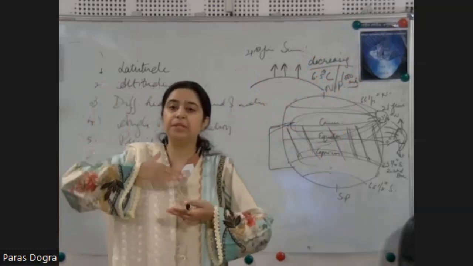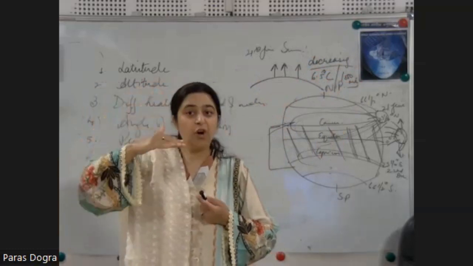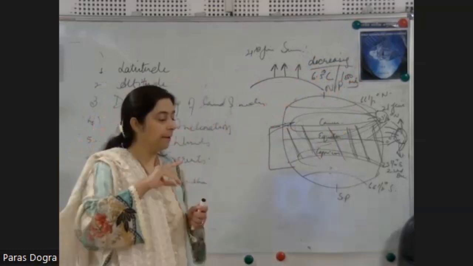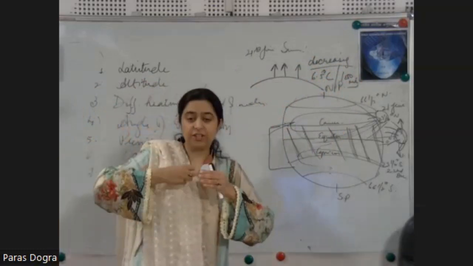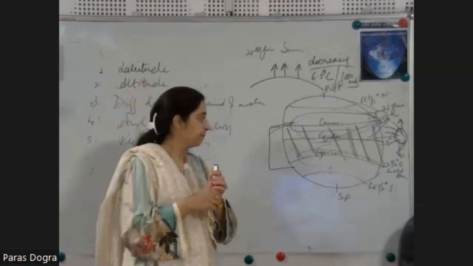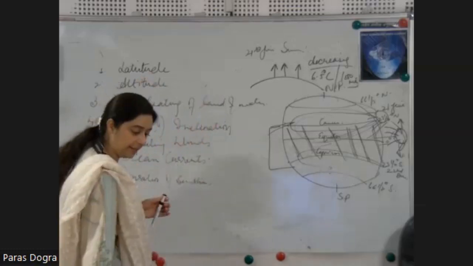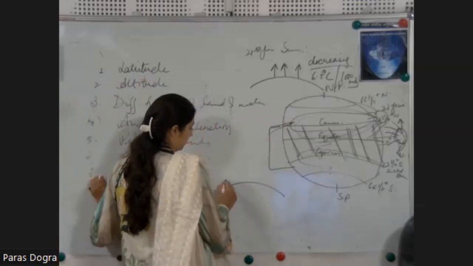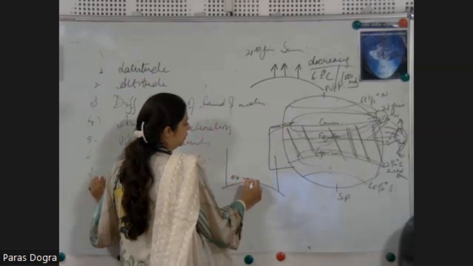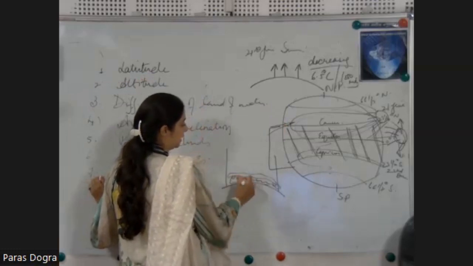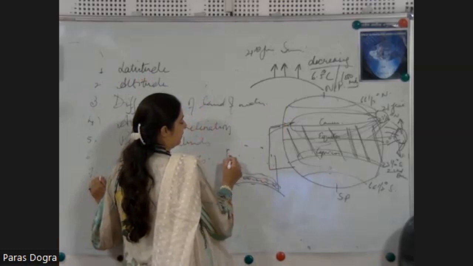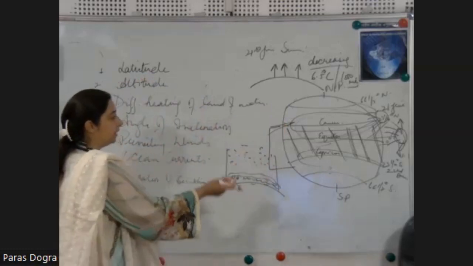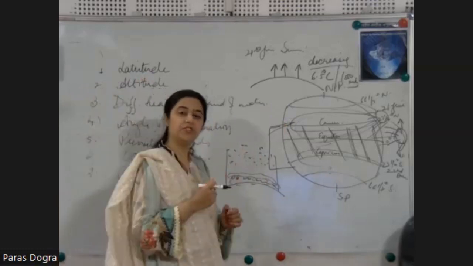And why does temperature decrease with increasing height? Because the components of the atmosphere, which we have earlier discussed, are decreasing with increasing height, and their concentration is decreasing. So how does it affect the temperature? These components are quite dense near the surface of the earth, and as we are moving upwards, they thin out.